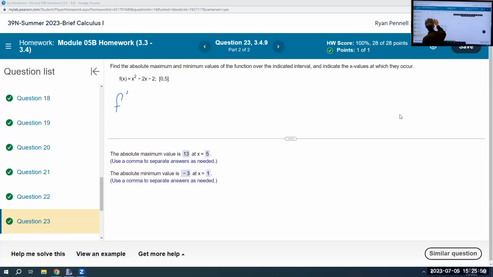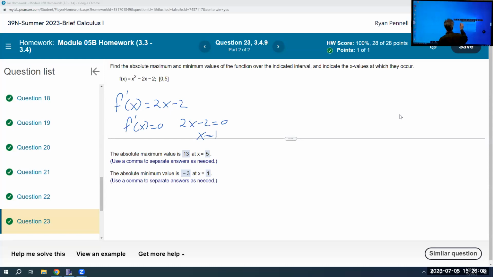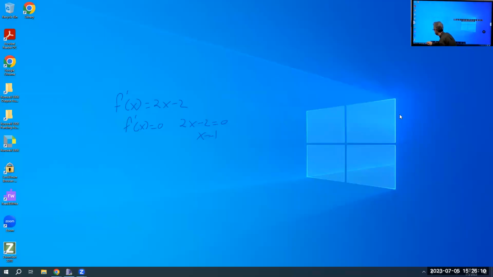What's f prime? 2x minus 2. f prime equals 0, 2x minus 2 equals 0, x equals 1. So we have a critical point occurring at x equals 1.